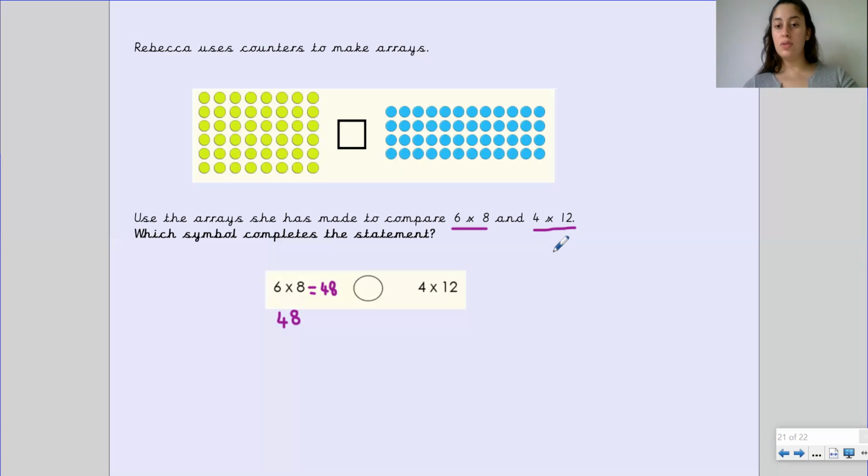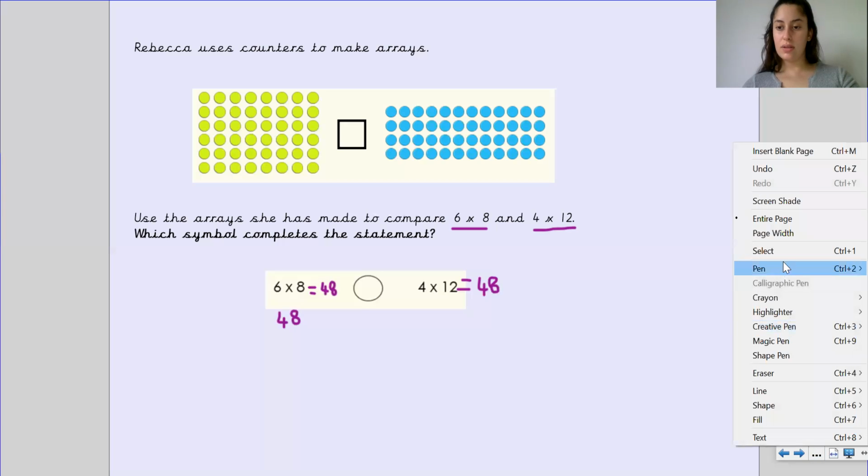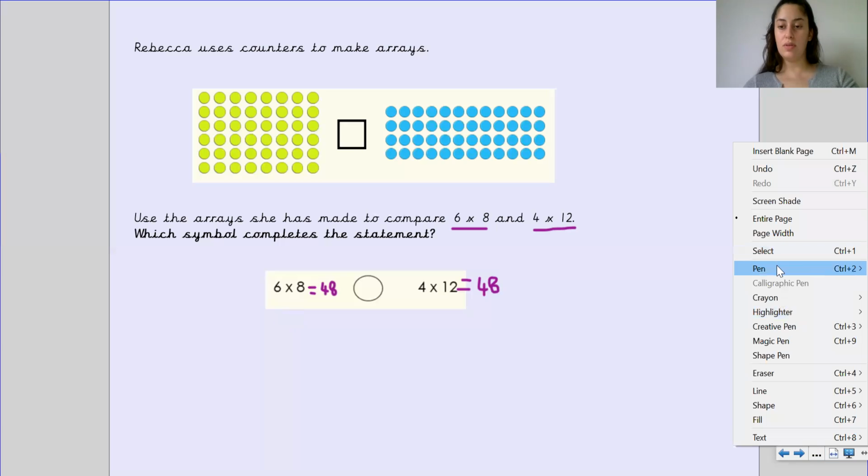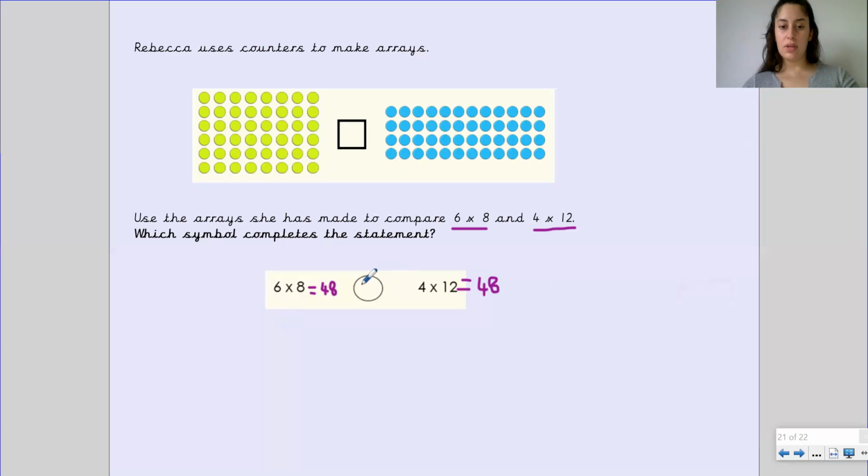So I know 2 times 12 is 24. So what's double 24? 48. So what do you notice about these two answers? Which symbol would we need to use? Well, both of our answers are 48, so I would use the equal sign.